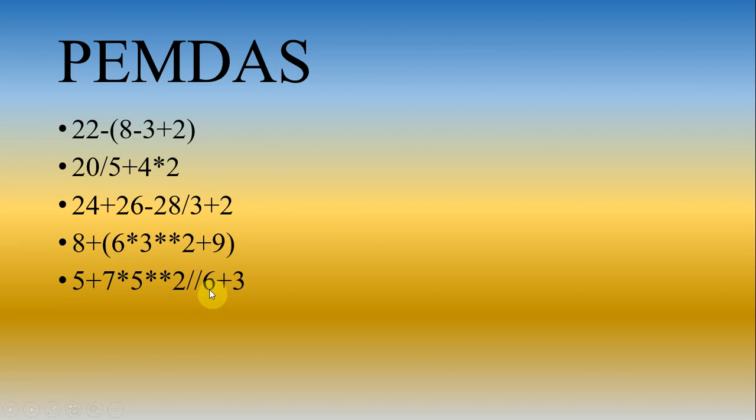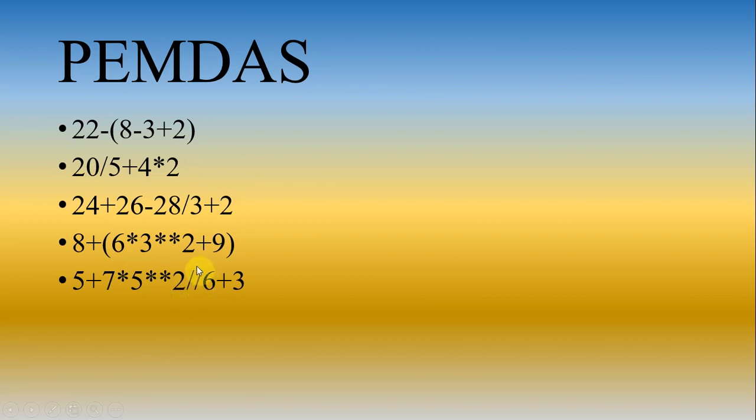Remember that 175 divided by 6 would give you 29.1666. But Python considers only the integer part of the quotient in floor division.